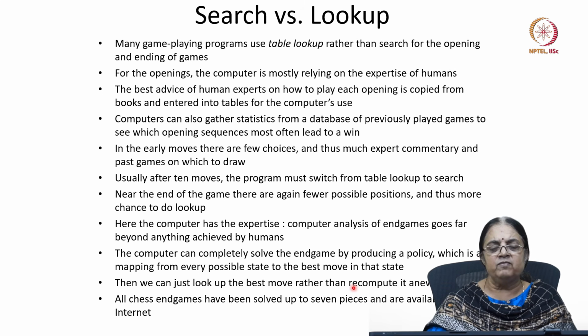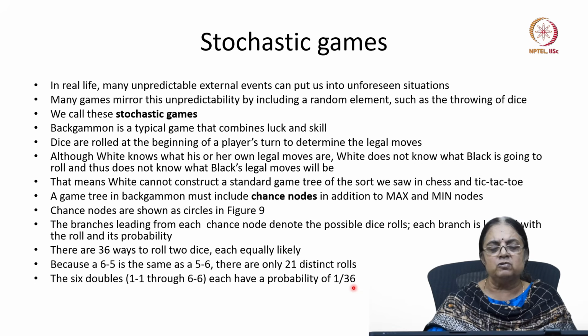Another type of game we need to see is what are called the stochastic games. Here there may be some unforeseen situations which you need to take into account. For example, if you take backgammon, you also have some luck involved in it. So you have a dice roll.